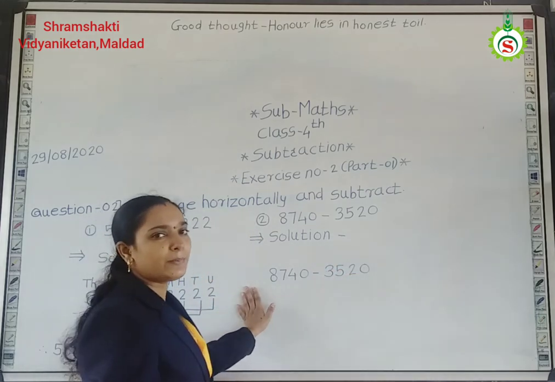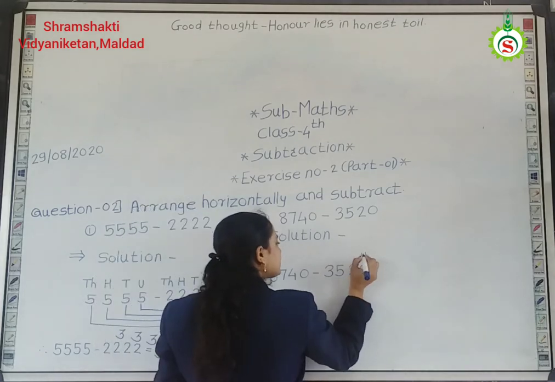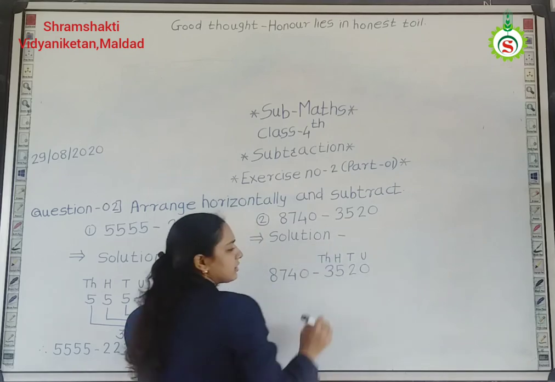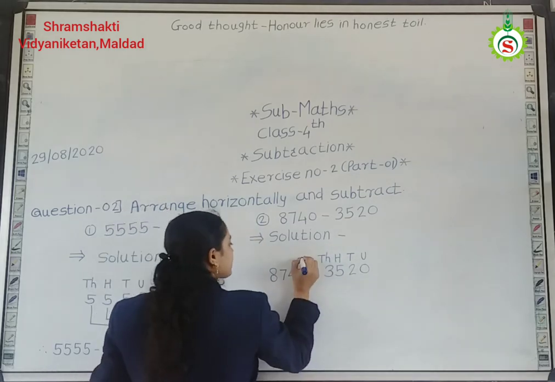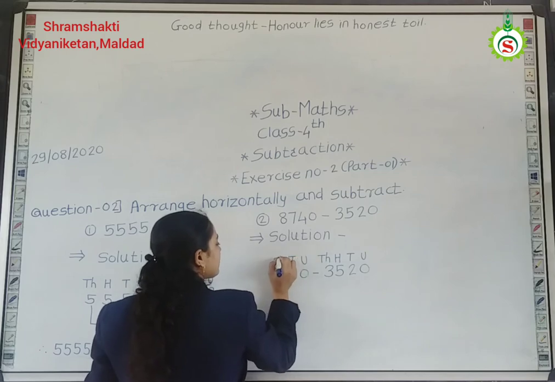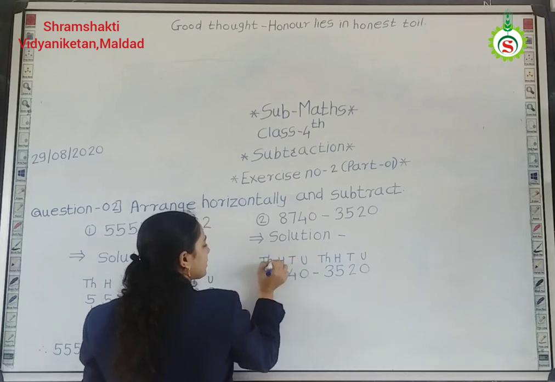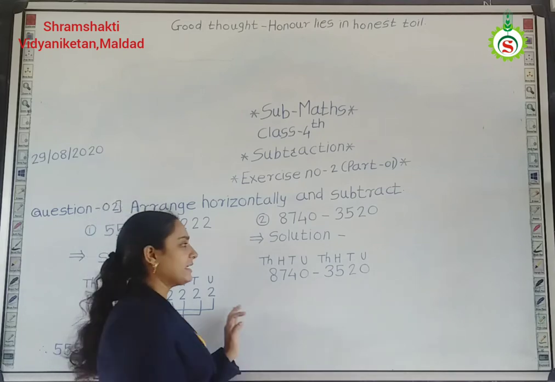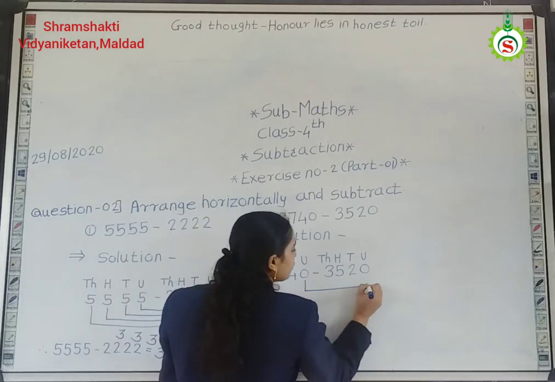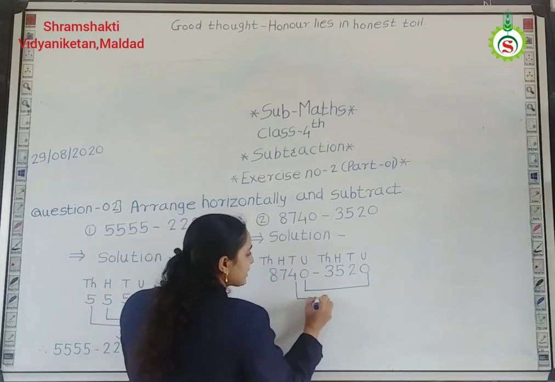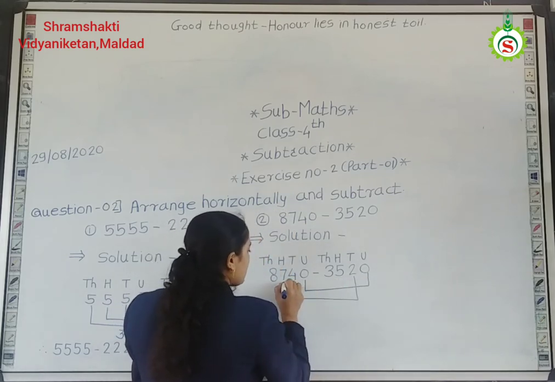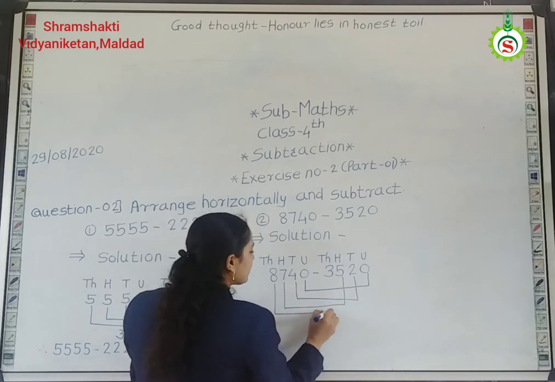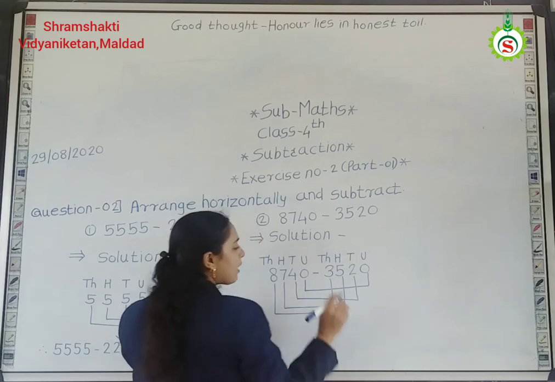After that, give places: units, tens, hundreds, thousands. Now next, units, tens, hundreds, thousands. After that, make a pair of numbers place wise. Units place pair with units place. Tens place pair with tens place. Hundreds place pair with hundreds place. And thousands place pair with thousands place.